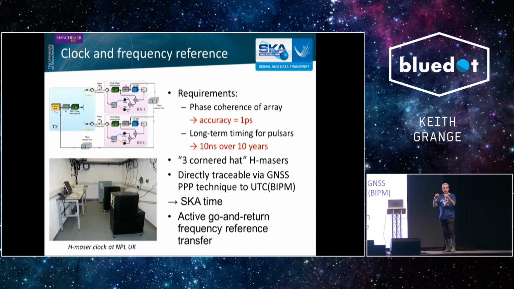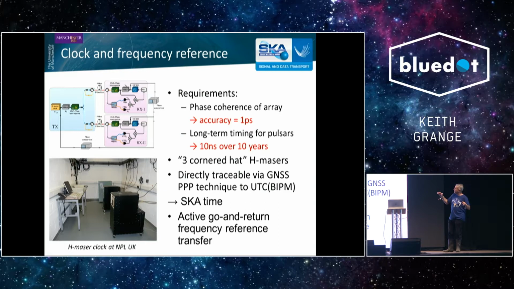And what we're going to do is distribute a clock signal down fiber optic cables. And that's fine, except that, of course, as the temperature changes, these fiber optic cables stretch.